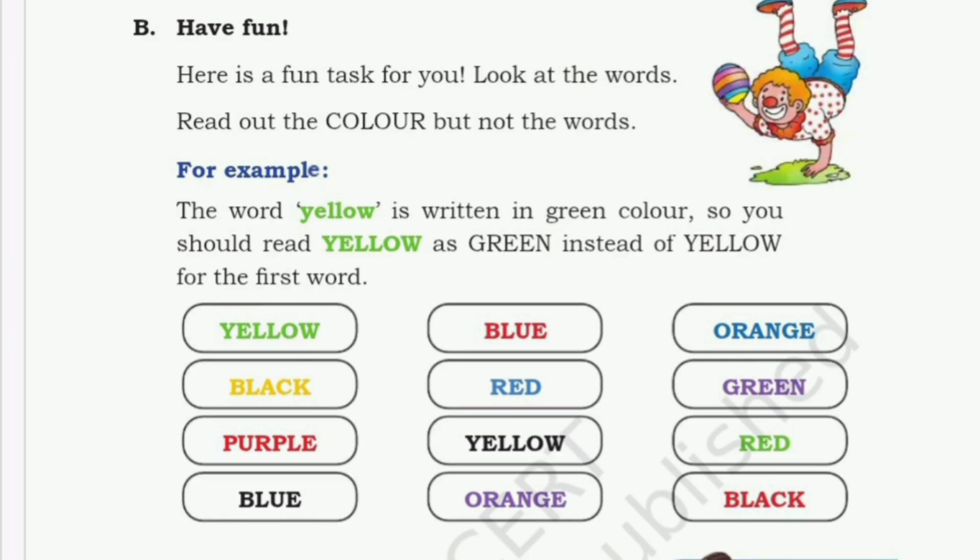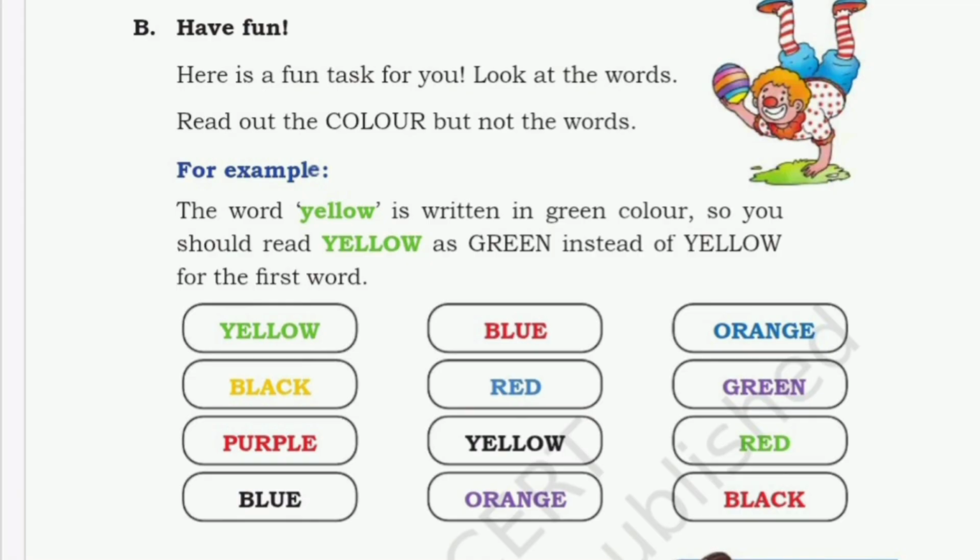Next is red. Third is blue. Fourth is yellow. Fifth is red written in blue color. So we'll read as blue. Then green will read as purple. Then purple will read as red. Then black.